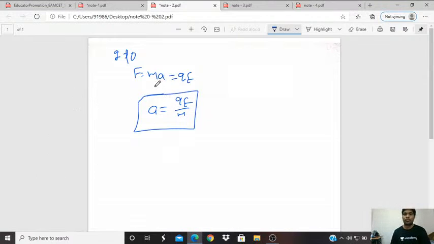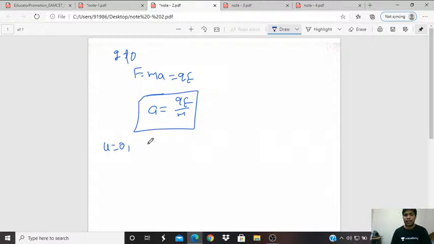So a equal to qE by m. Now this is the acceleration without a gravitational field. Suppose the particle starts in the uniform electric field from rest, meaning u equal to 0.